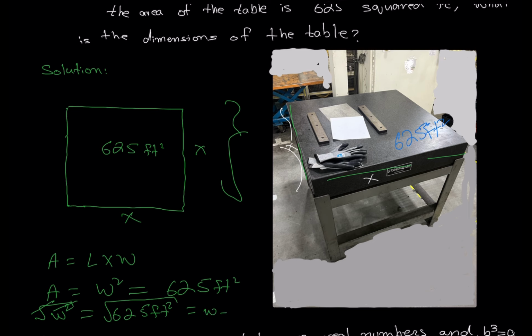So the width, which is equal to the length, will give me 25 feet. So this X is 25 feet, and this is 25 feet also.